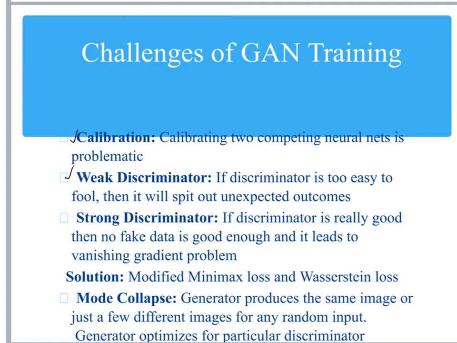Then there is something called a weak discriminator. In this case, the discriminator is too easy to be fooled. What happens is the generator creates anything and passes it through the discriminator, and the discriminator says it's good. So in reality, the generator takes in garbage and gives out garbage, garbage in, garbage out. It gives some really bad output, and yet it passes.